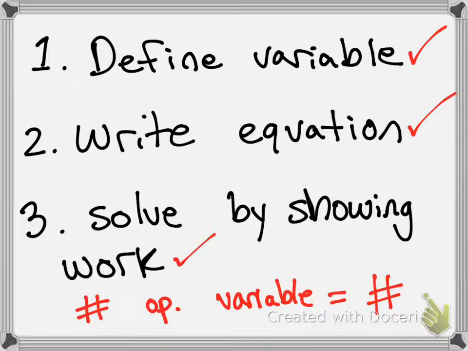If you write your equation that doesn't look like this, then it's not going to be right. Yes, there are different ways to write it, but that does not qualify as an equation. If you wrote it with your answer being equal to a variable, that is not an equation. That's just an answer. So we have to actually write equations.